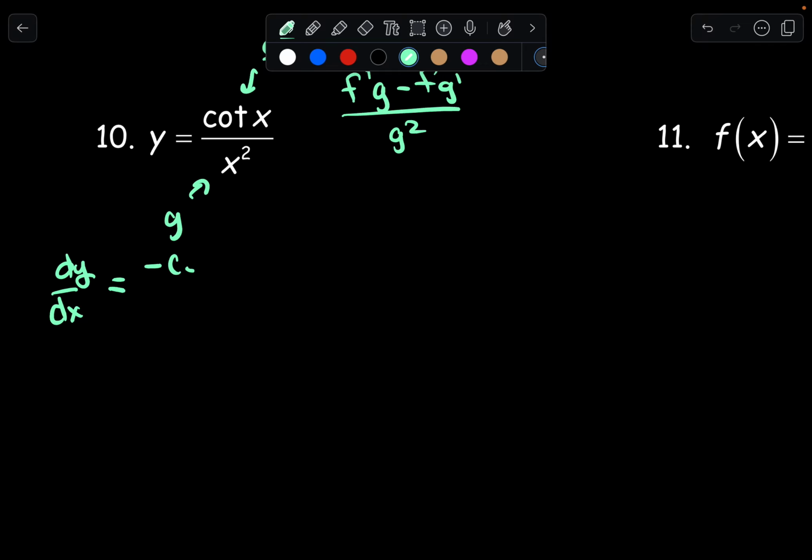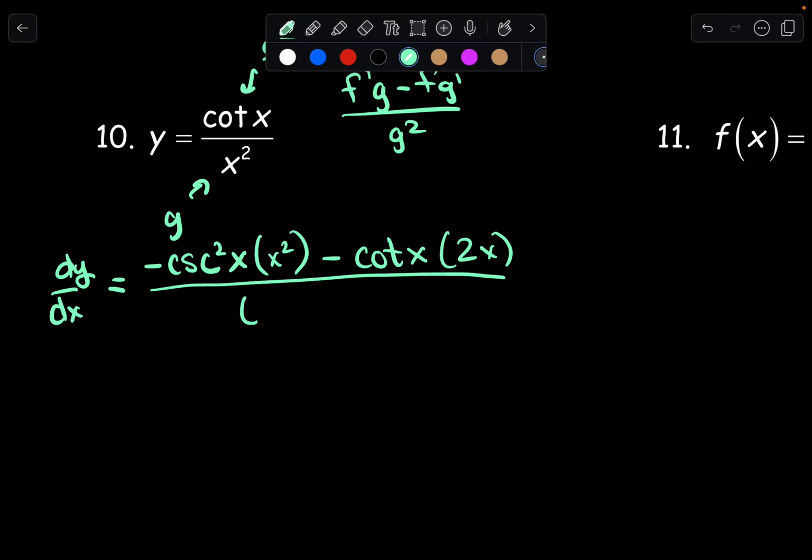So we'll have negative cosecant squared x, and then g is just going to be x squared. And then minus f is cotangent x, and then g prime will be 2x. And this will be all over x squared squared.